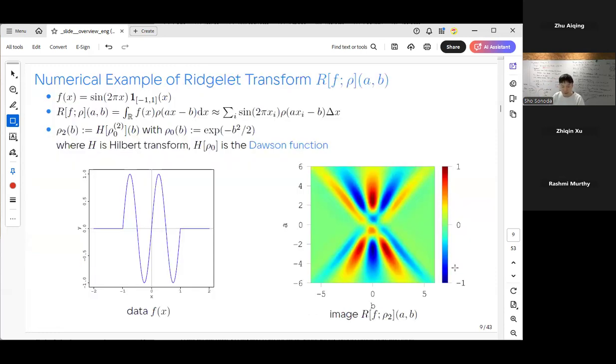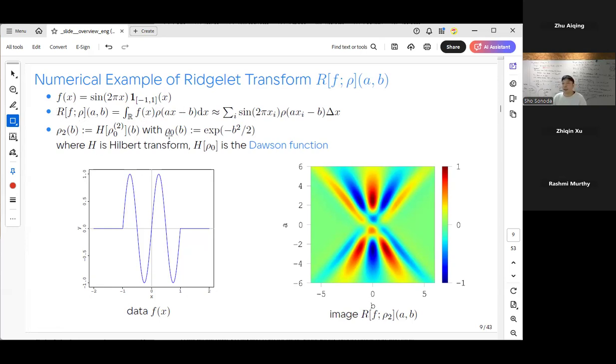And I have several numerical experiments. This is a one-dimension signal case, for the purpose of visual understanding of what the Ridgelet transform looks like. As a one-dimension signal, I employed a truncated sinusoidal curve, and this is a figure of it.